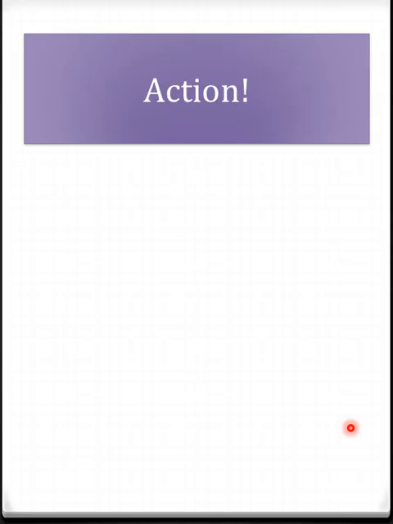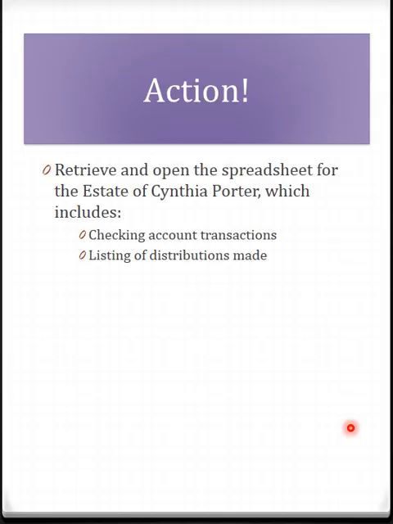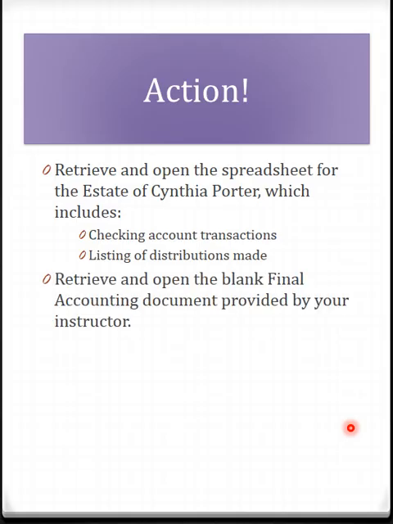Okay, so now it's time to take some action. First, you need to make sure you have that spreadsheet for the Cynthia Porter estate that I'm going to show you a picture of here in just a minute. You also need to make sure that you have a copy of the blank final accounting document that I provided in word processing format.